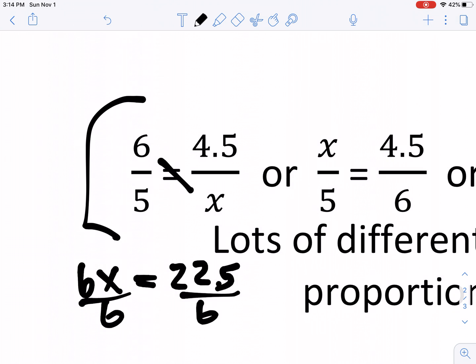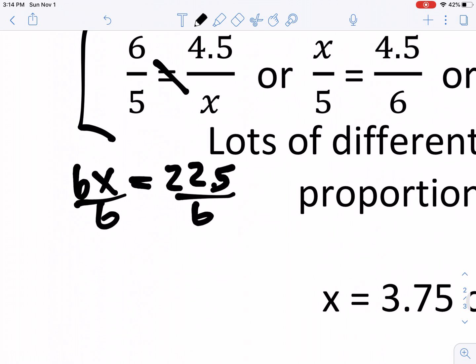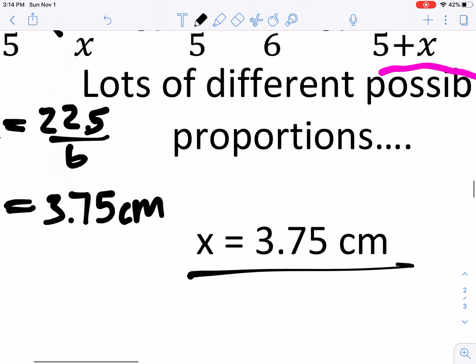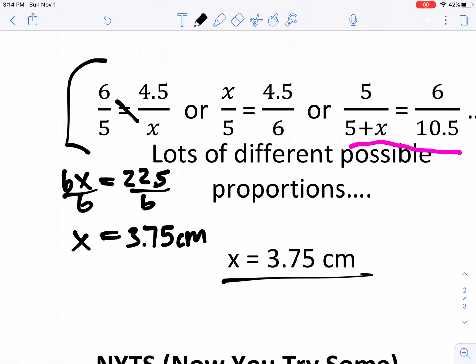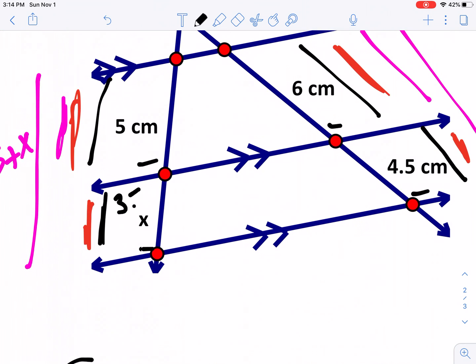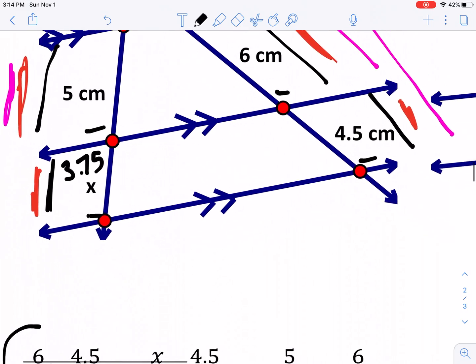Then when we divide by 6, we get 3.75 centimeters, which is also what they have here. So we get x is 3.75 centimeters. So that would be this part here, 3.75 centimeters.